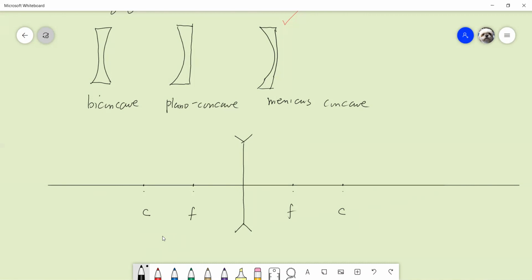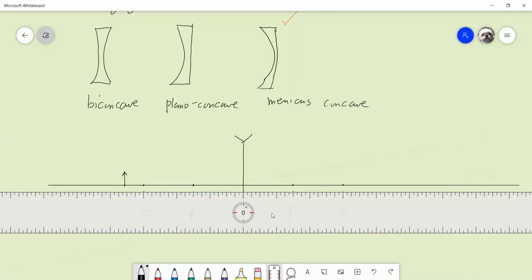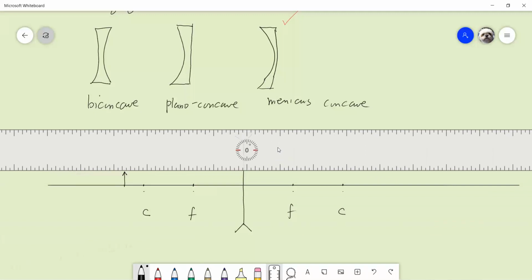Now I'm going to draw it. I'm going to put it here, behind the lens, right? Now the light is coming in. But remember that I have a divergent lens, or the concave lens.